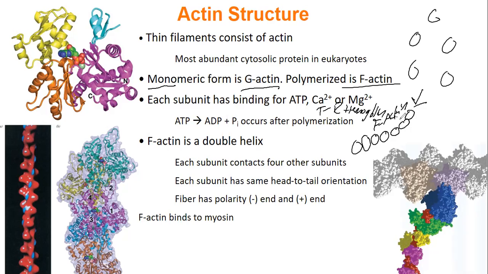And then the robots come together to form the Megazord, which is a giant robot. That's basically what happens here. The G-actin acts independently and by itself, but then it can combine with other actins to make F-actin. So that's what's happening here. So it goes from globular to a fiber.